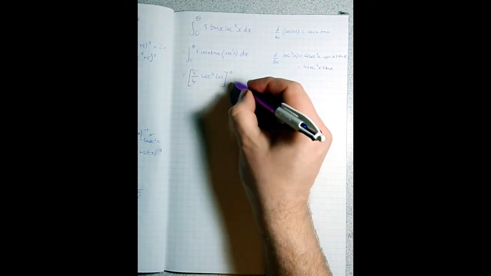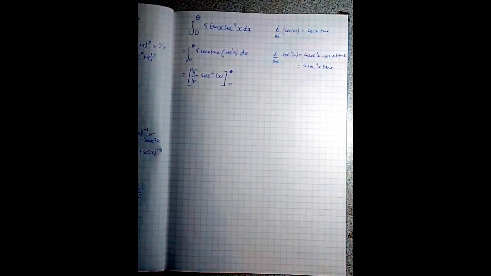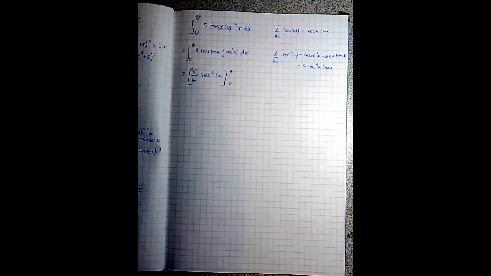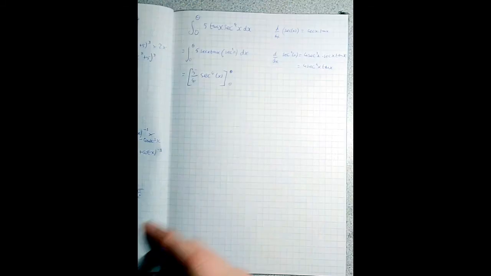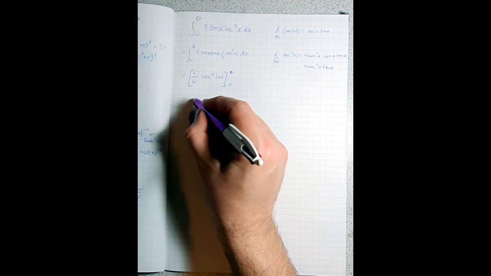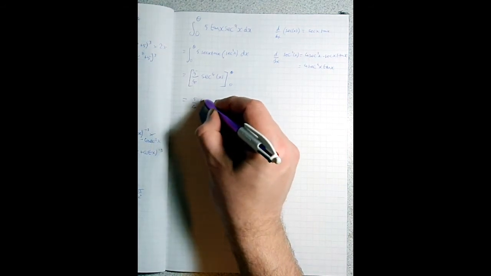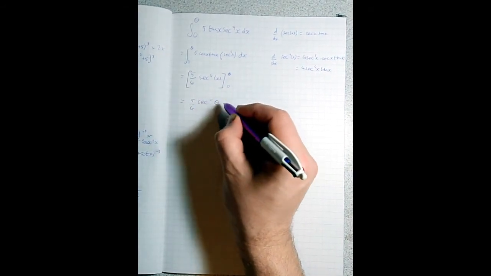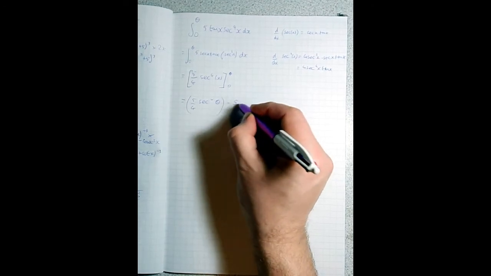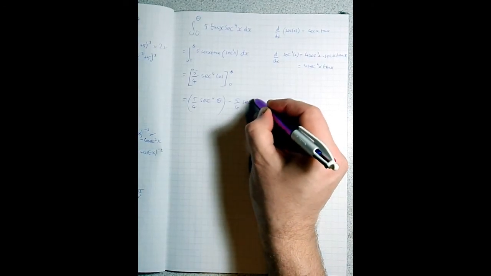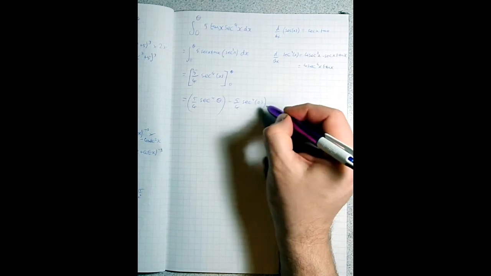Between theta and 0. That wants a bit of thinking about. So 5 over 4 sec to the 4 of theta minus 5 over 4 sec to the 4 of 0.